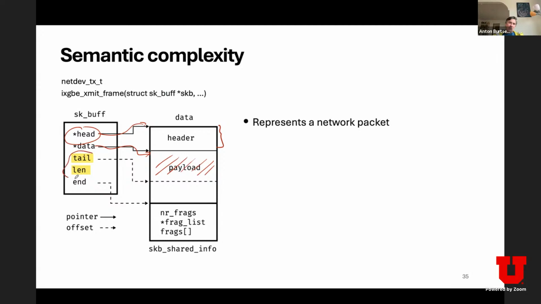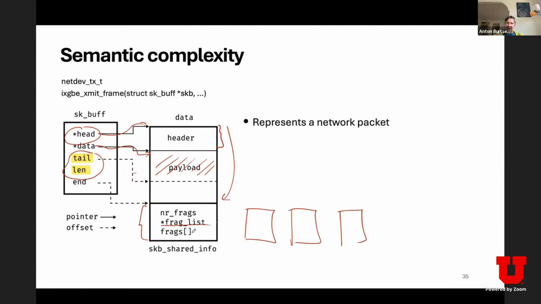There are also some numerical fields like tail and end, which count the end of the payload and the end of the data region itself. And then at the end of the data region itself, there is also a list of fragments, because this SKB may not be represented as a single data region, but instead have multiple additional fragments.